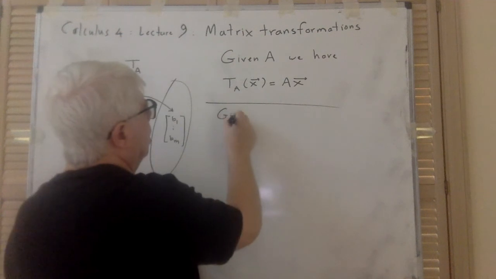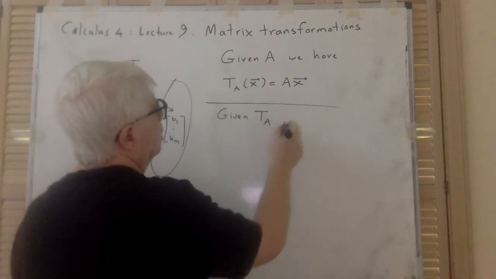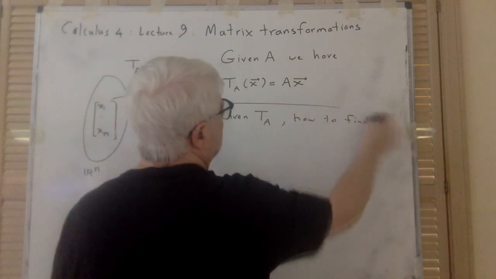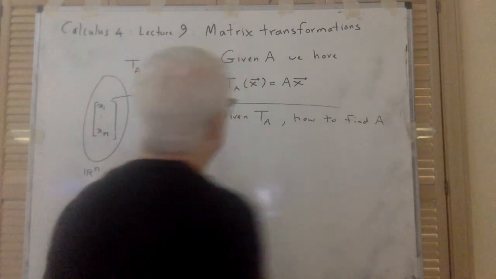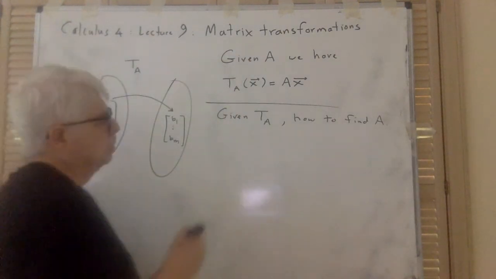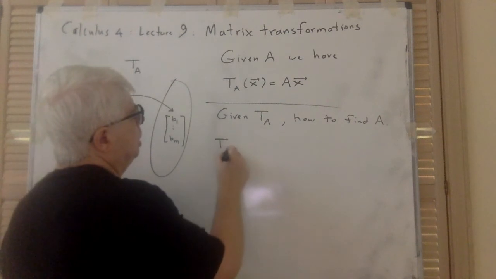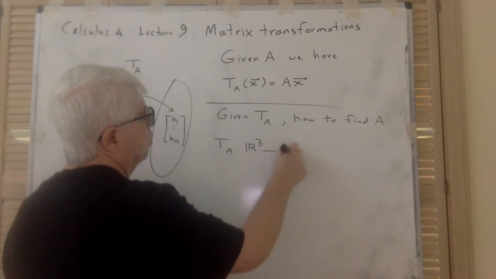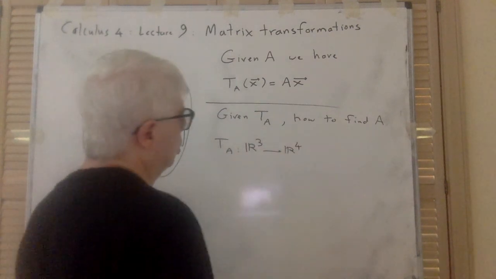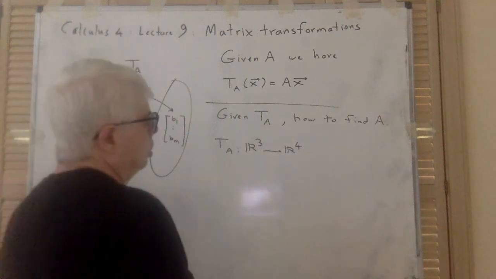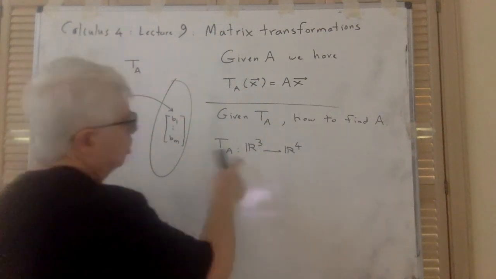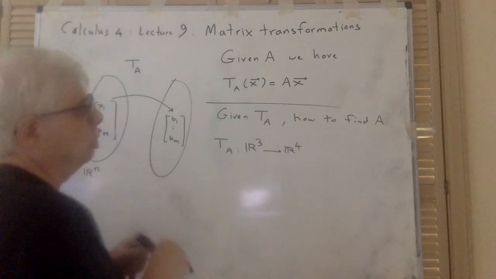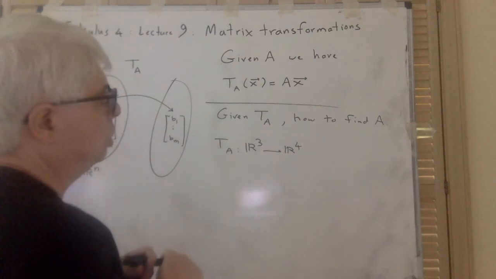Now given TA, how do we find A? Well, you might say, what do you mean by giving TA? So let me say TA goes from R3 into R4. So I should define TA as some function that takes a vector in R3 into a vector in R4.